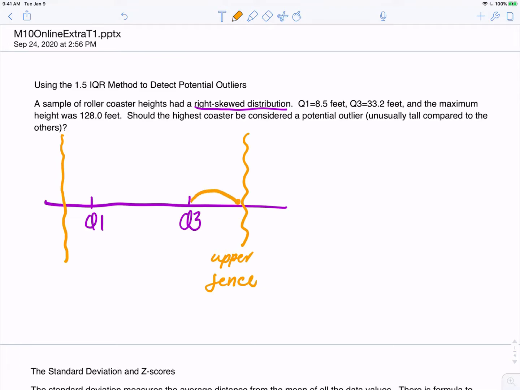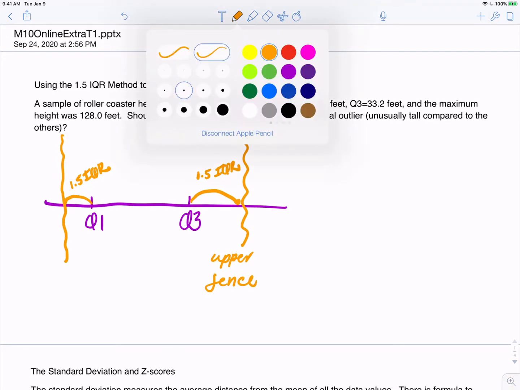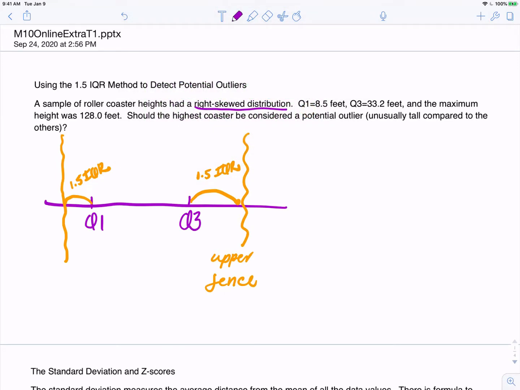And the upper fence is located 1.5 IQRs from Q3. Similarly, the lower fence is located 1.5 IQRs from Q1. And so to find the location of the upper fence, we would take Q3 and add on 1.5 IQRs. Now notice that the IQR wasn't given in the problem, but we were given Q3 and Q1.